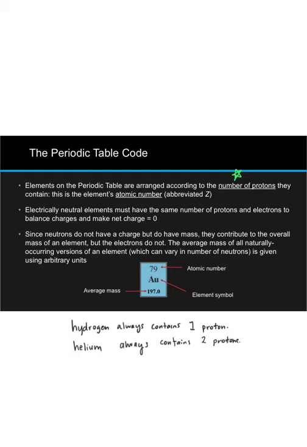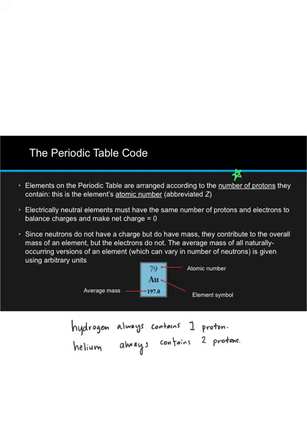By default, elements on the periodic table are electrically neutral, meaning they have no net charge. Because protons are positively charged, to have no net charge, an electrically neutral element must have an equivalent number of protons and electrons.